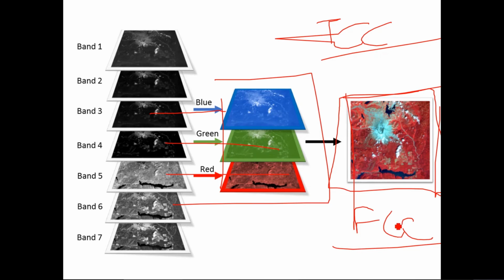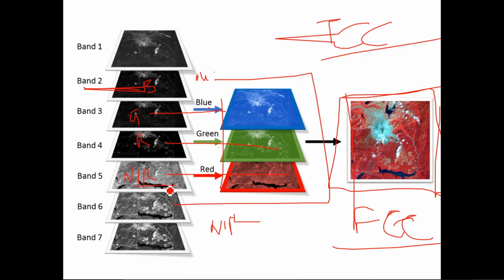So these false color composites are generally used for data which is collected in NIR. Here you can see, suppose band 2 was 0.4 to 0.5, band 3 is 0.5 to 0.6, band 4 is 0.6 to 0.7, and band 5 is NIR. Suppose this is NIR, this is red, this is green, this is blue. But I am assigning blue to the green band, green to the red band, and red to the NIR band.